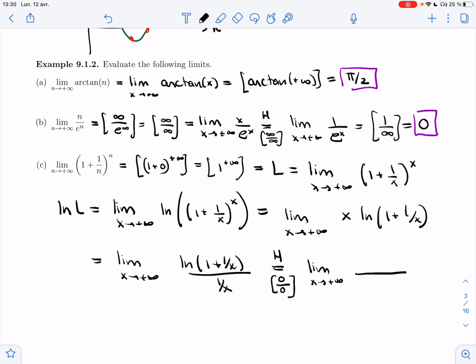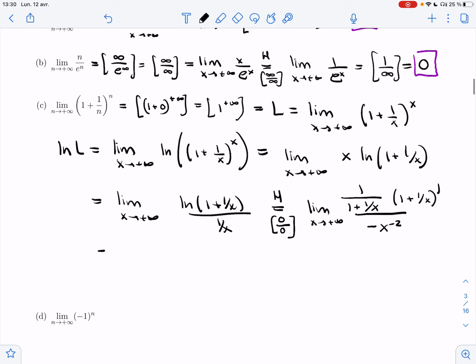Derivative of 1 over x, that's x to the minus 1, so it's minus x to the minus 2. And then here I need to use the chain rule. So 1 over the interior times the derivative. All right, so what do I get? I get 1 plus 1 over x, minus x to the minus 2.